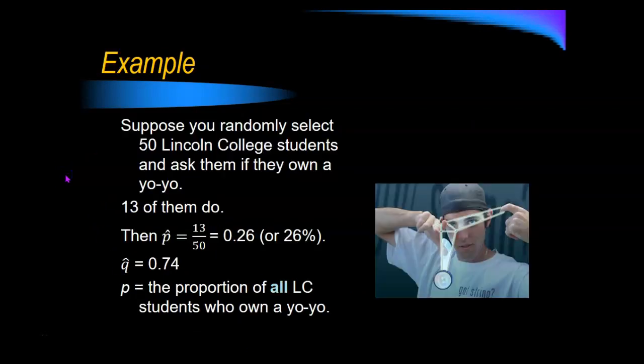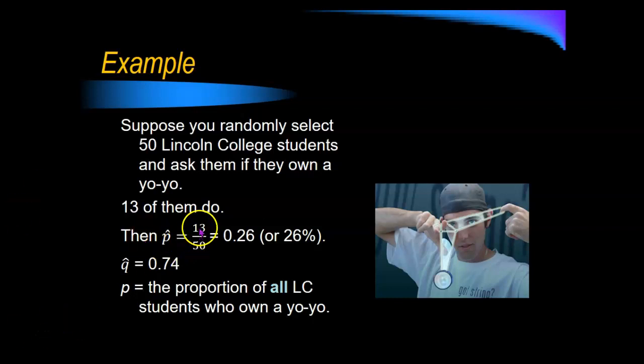So, for example, suppose we really are interested in finding out what percentage of Lincoln College students own a yo-yo. So you go out, you randomly select 50 Lincoln College students and ask them if they own a yo-yo. Hey, dude, you own a yo-yo? And it turns out that 13 of those 50 people you asked say, yes, I own a yo-yo.